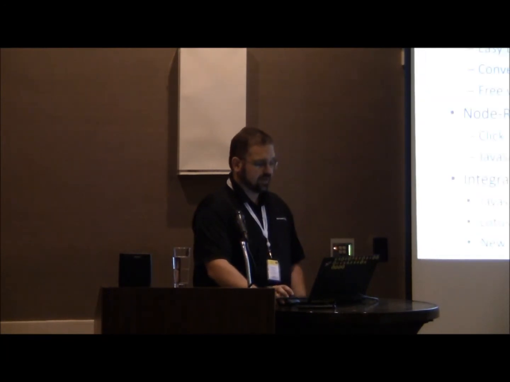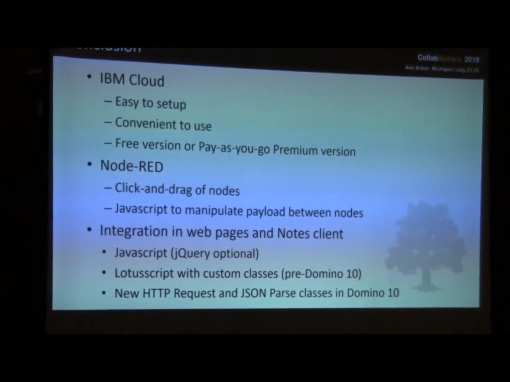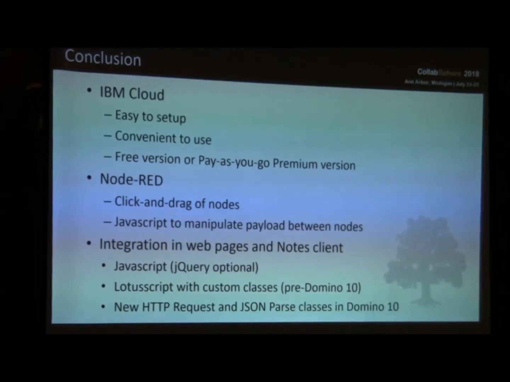So as a conclusion, IBM Cloud is easy to set up, very convenient to use. As we just talked about, it's the free version or the pay-as-you-go premium version. No dread, really easy, click and drag between the nodes and use regular JavaScript. There are even nodes that let you do the same things I did: take the message.payload, convert it to something else.